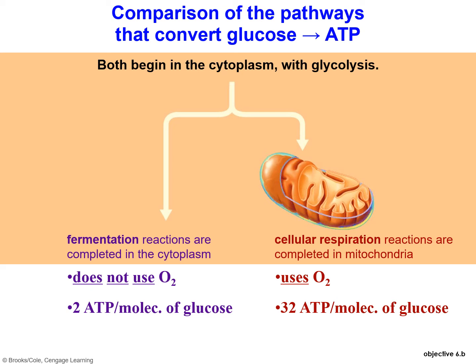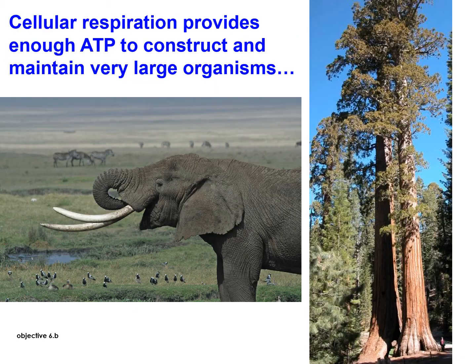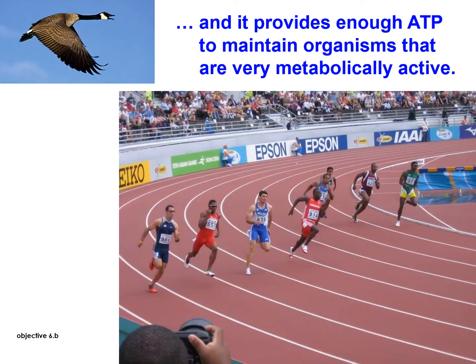But when I tell you that cellular respiration makes 32 ATP molecules instead of 2, that'll give you an idea of just how much more efficient it is. For example, 32 molecules of ATP per molecule of glucose is enough to support things like elephants or giant redwood trees, some of the largest organisms alive. It's also enough to provide ATP for things like flight or for people to run super fast.